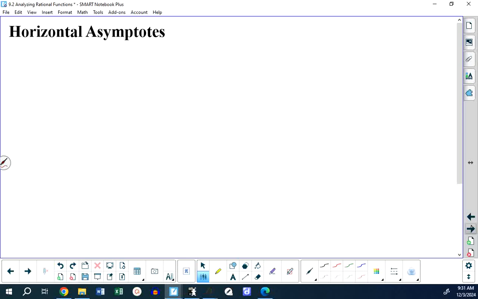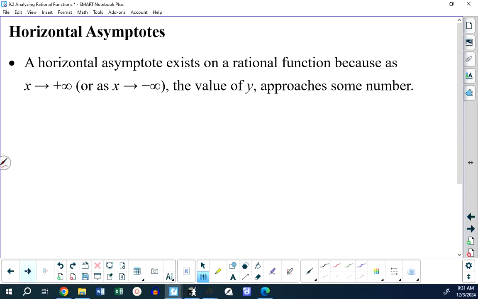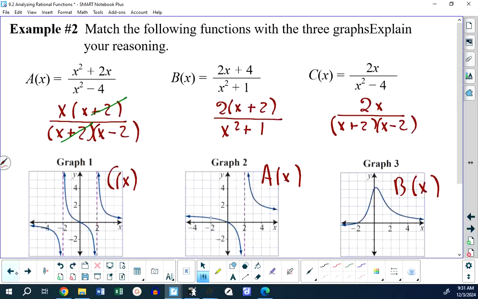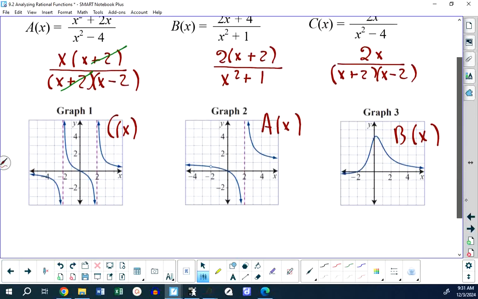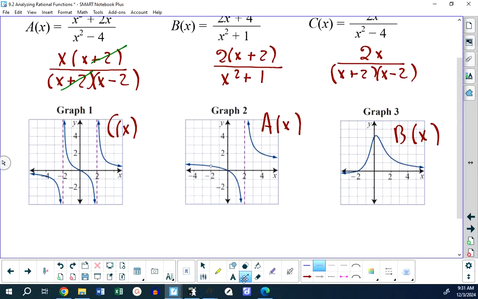What a horizontal asymptote is, everybody, is a horizontal line that the graph gets closer to in these two areas, way over here and here. For example, I can go back and show you one. Graph A of x here has a horizontal asymptote at y equals 1.